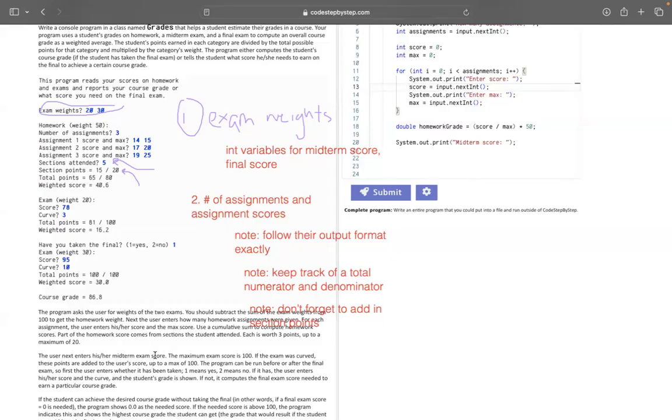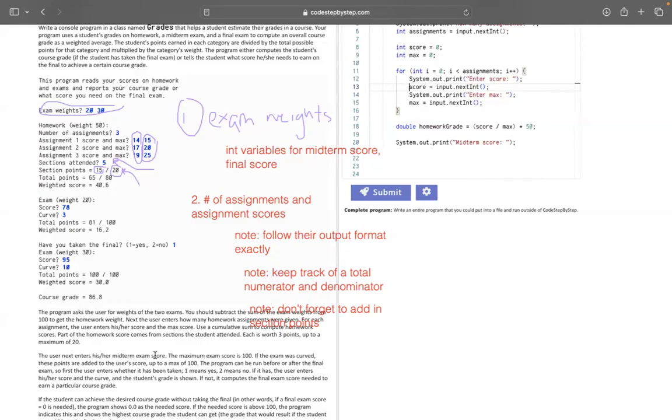If you add up all the assignment numerators, which is 14, 17, 19, and 15 for the sections, what is that? 19 plus 17 is 36, 36 plus 14 is 50, plus 15 is 65. So their total numerator is 65. That's how many points they earned out of the total possible number of points, which is all the denominators added up: 15 plus 20 plus 25 plus 20, which is 80.